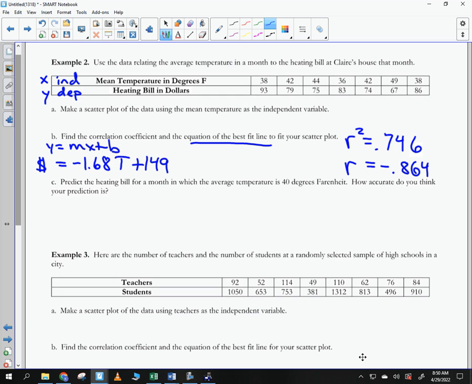Then it says predict the heating bill for a month in which the average temperature is 40 degrees Fahrenheit. So I want to predict the heating bill if it's 40 degrees for an average temperature. So all I have to do now is I can use this as a prediction equation. If it was 40 degrees, we just type in 40 for the temperature. And then I just do that computation.